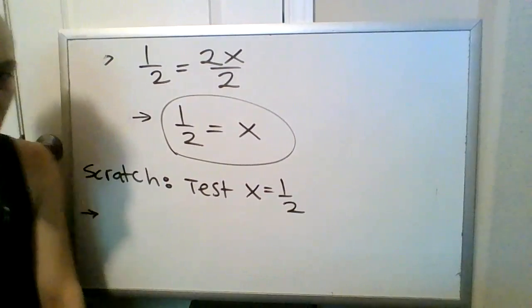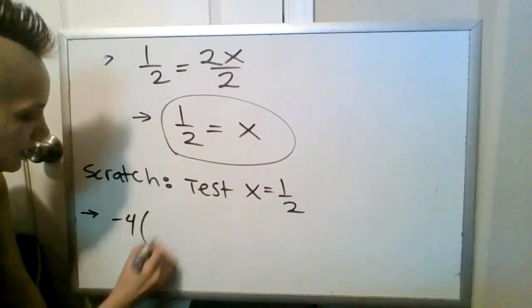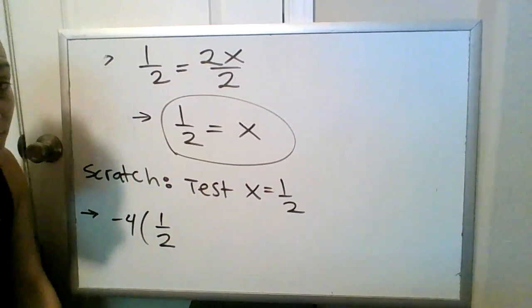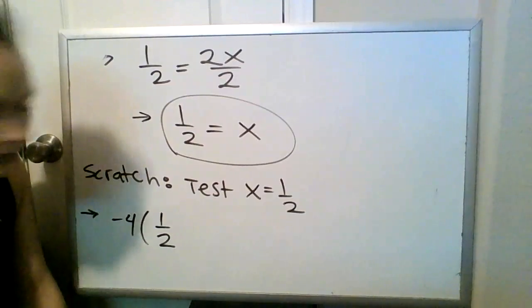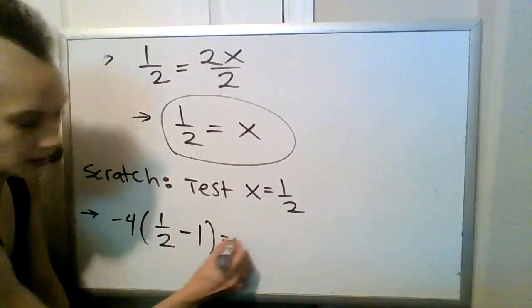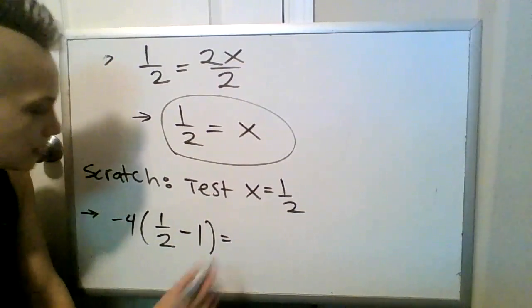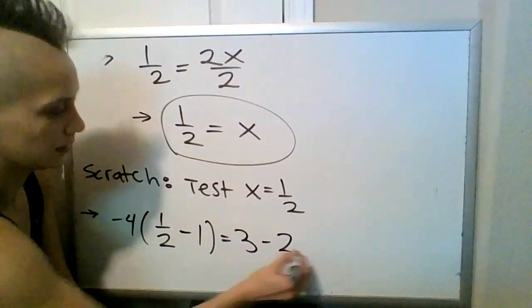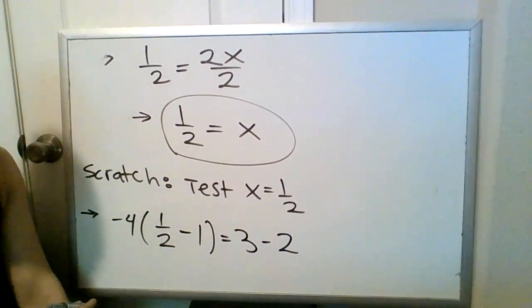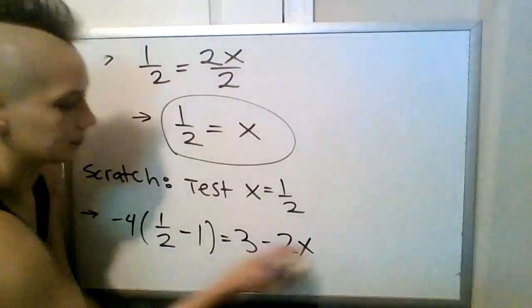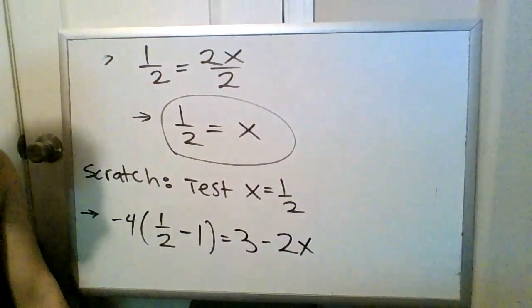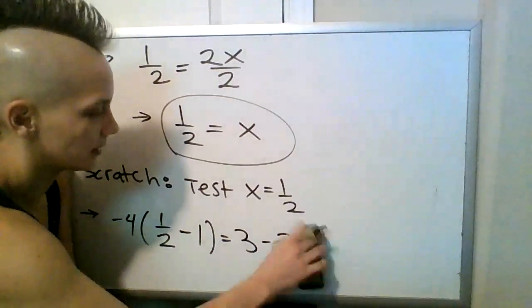It would be -4 times 1/2 minus 1 equal to 3 minus 2 times 1/2.